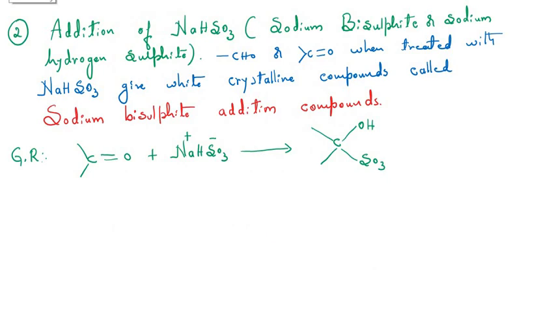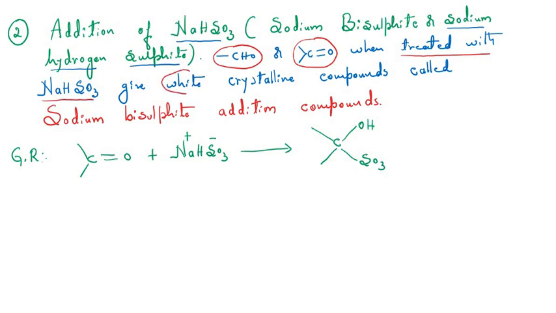So the next reaction, students, is addition of sodium bisulfite. Sodium bisulfite formula is NaHSO3. This is also called sodium hydrogen sulfite. So aldehydes and ketones, when treated with sodium hydrogen sulfite, give a very important product, white crystalline compounds which are called sodium bisulfite addition compounds.